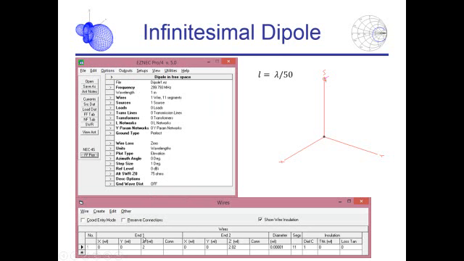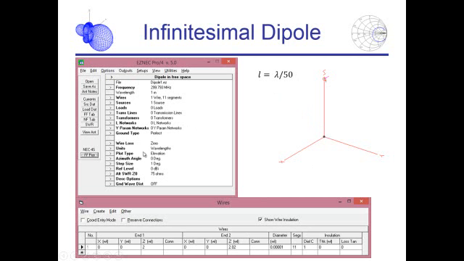So in this case, I have N1 and N2, with the bottom end of the dipole located at 0, 0, 2 on the z-axis, and the other end of the dipole at 0, 0, 2 plus lambda over 50, which is 0.02.